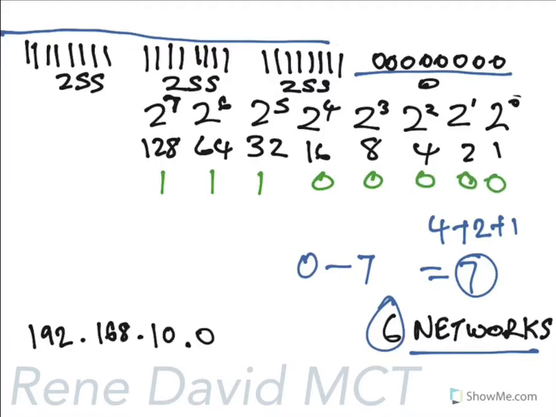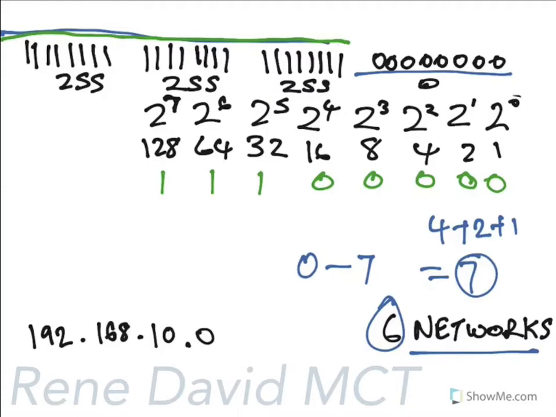So that's the only difference in the calculation here. What we're doing is we're taking the 3 bits to make up our number of networks that we need, and we're moving them to the higher order. Why? Because all our network bits come first in a subnet mask, and that is followed by our host bits.